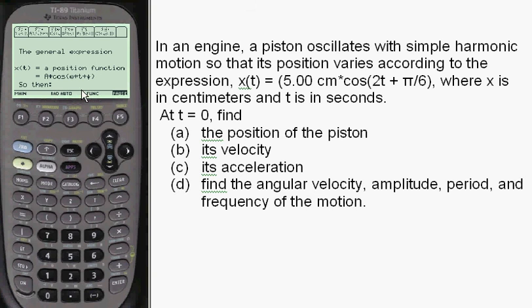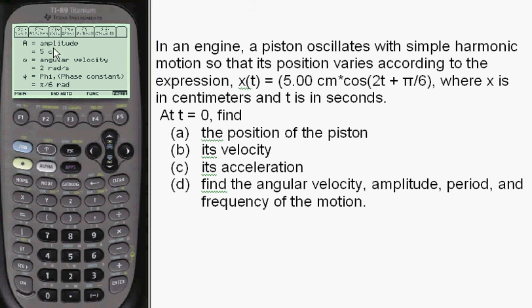And here's the general expression for the position function: A times the cosine of omega times t plus phi, where phi is a phase angle. On a test it'll ask, what is the amplitude?